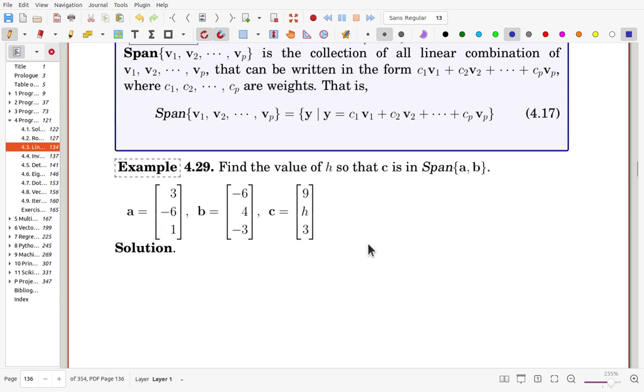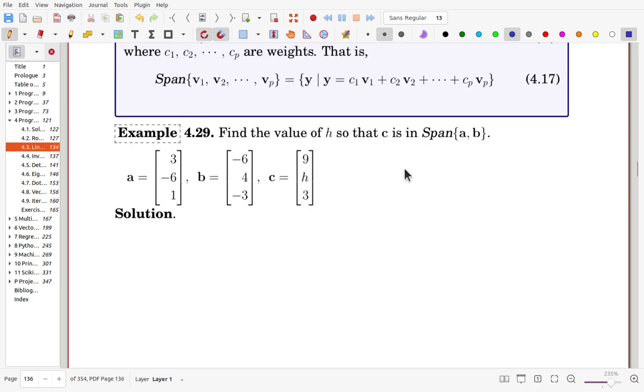Now, find the value of h so that c, here a, b, c, is in span{a, b}. Okay. So c is in span{a, b}. We first try to understand the meaning of this one.